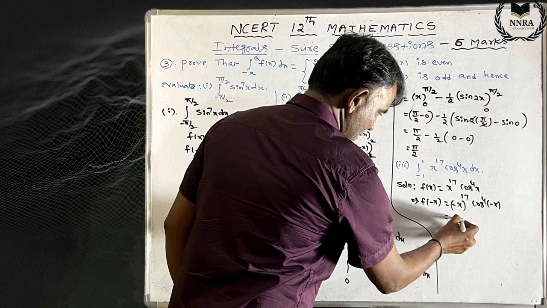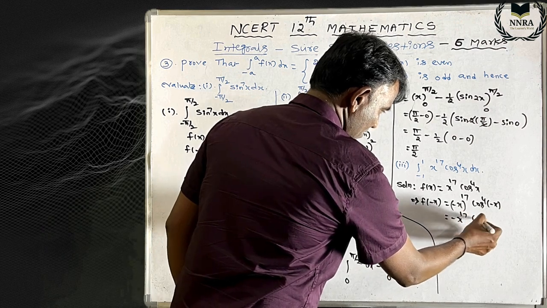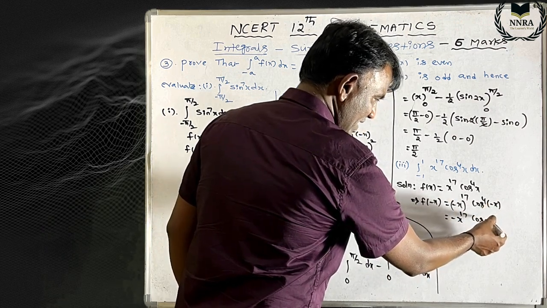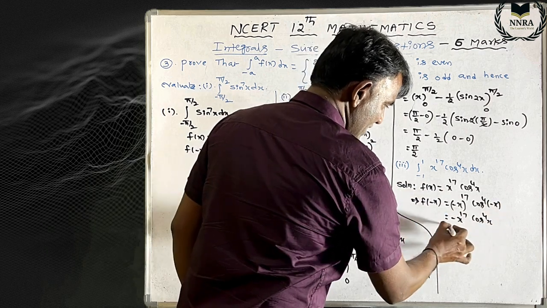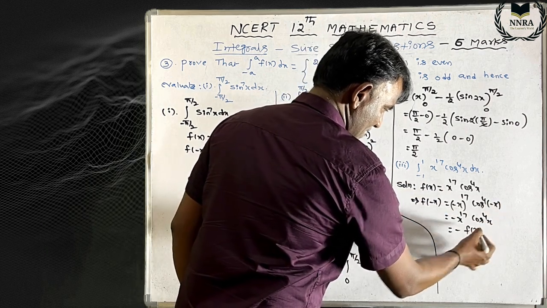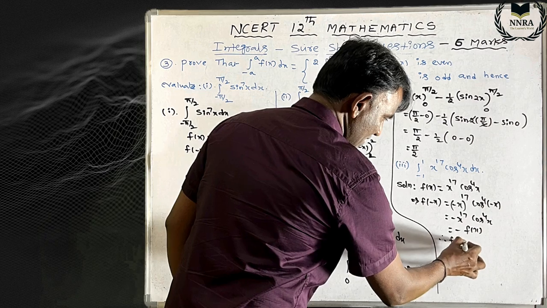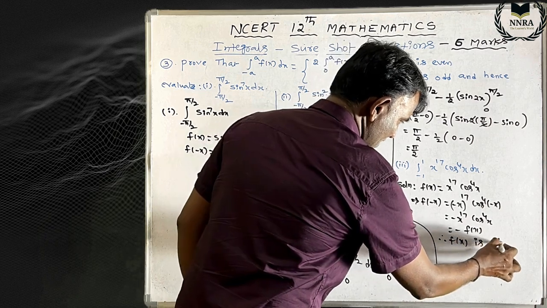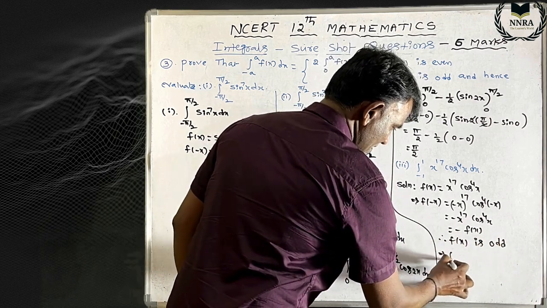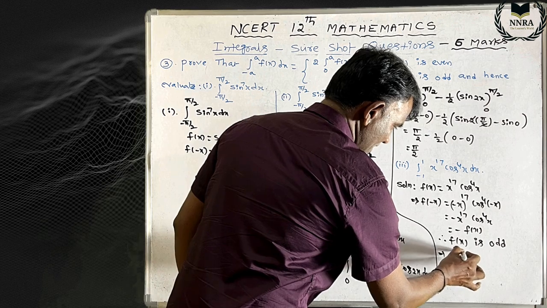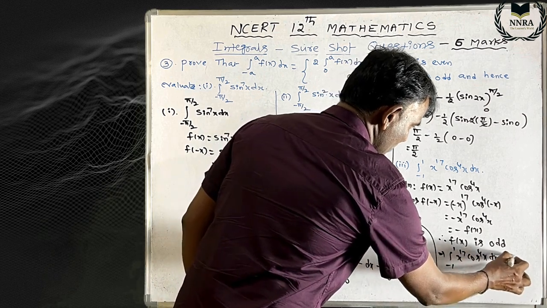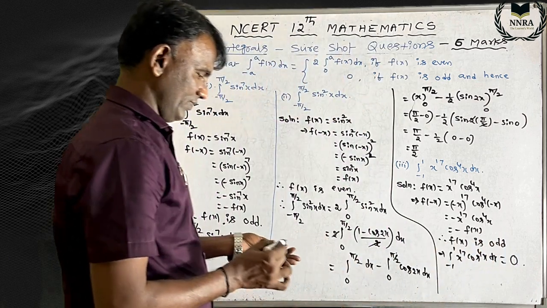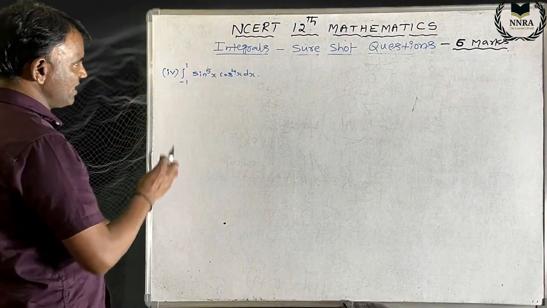So it is minus x power 17, and cos of minus x is cos x, then whole power 4 means cos power 4x, and it is minus f of x. So f of x is an odd function. That implies the integral from minus 1 to 1 of x power 17 cos power 4x dx is equal to 0. This is the fourth question.